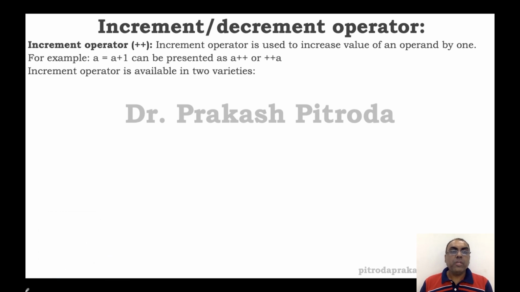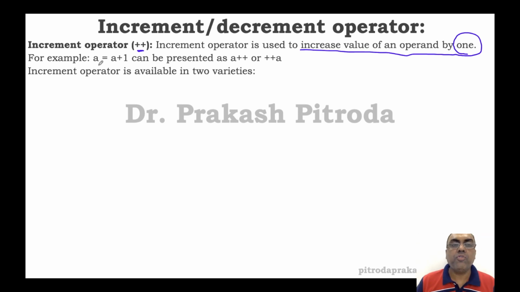The increment operator, as we have seen, plus plus, is to increase the value of any operand, any variable, by 1. Every time I want to increase by 1, a = a + 1 helps us increase the value of a by 1. I can rewrite this using a++ or ++a. We will see more in detail.